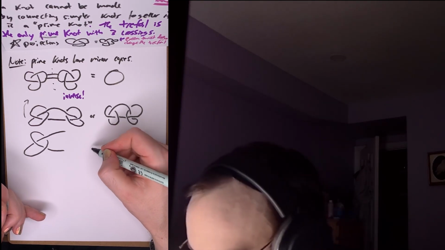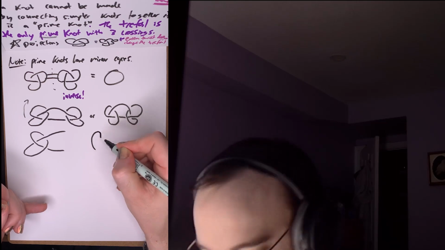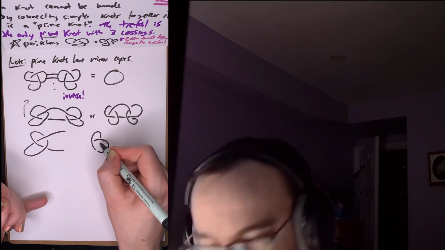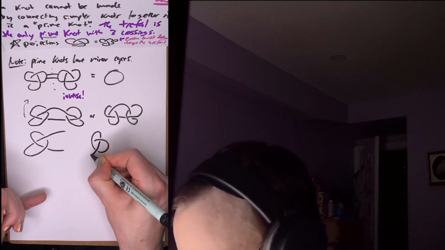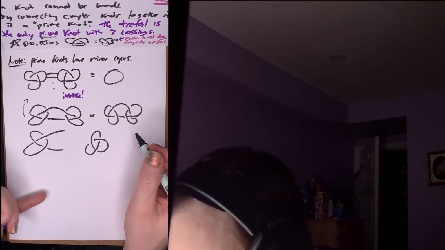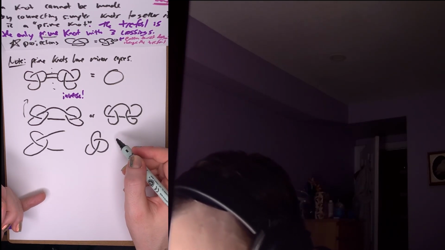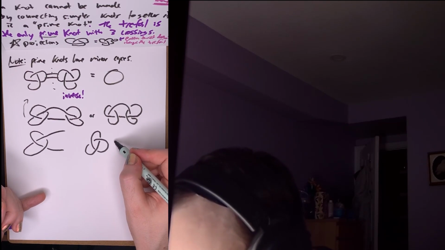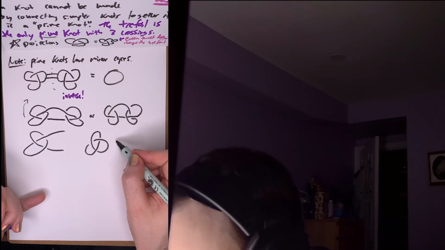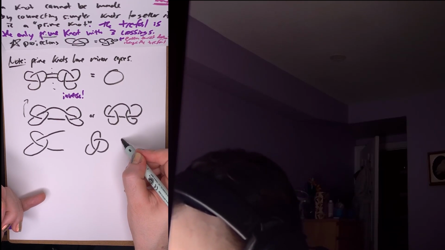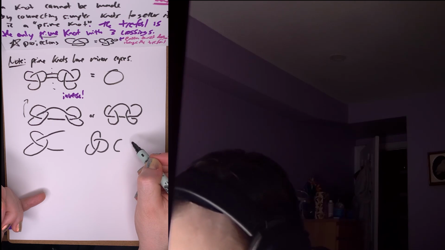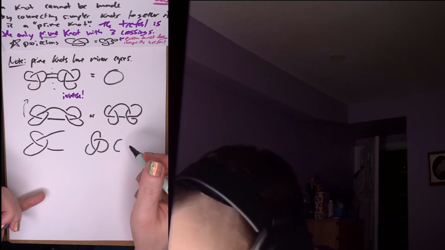So the unknot, did I accidentally duplicate the unknot? That would create an additional prime knot. But no, it looks pretty inverted to me.